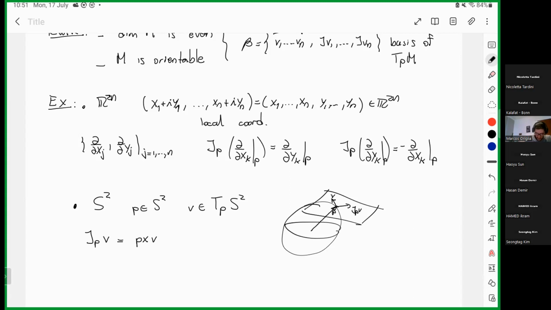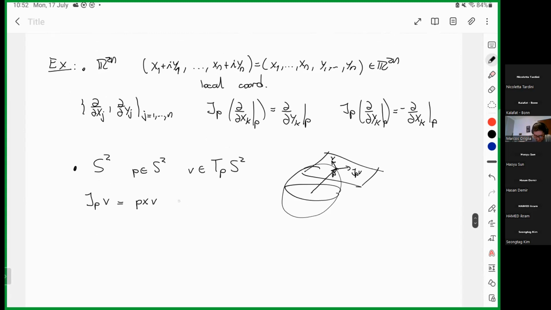Okay, so we can check that this J_p is indeed an almost complex structure on S^2. You can check the square condition.